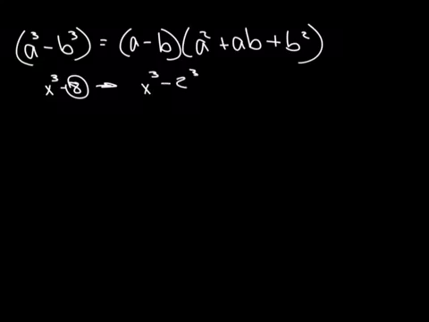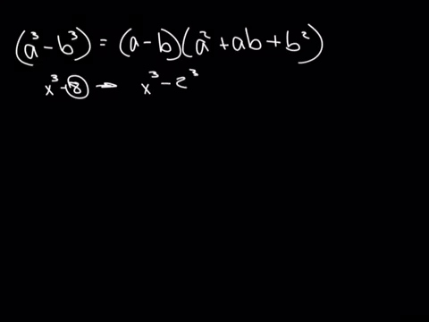Okay, so now it's in the right format. Now we're going to write down the first number or letter minus the second one. And that goes away. Don't forget to make that go away. Now, it says take the first letter or number and square it.